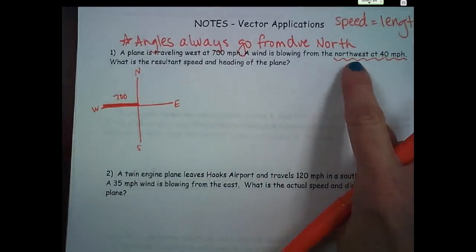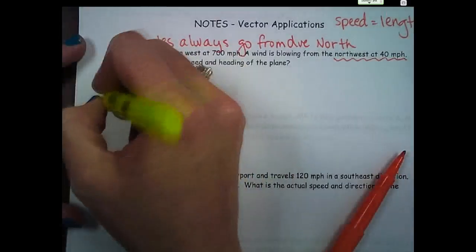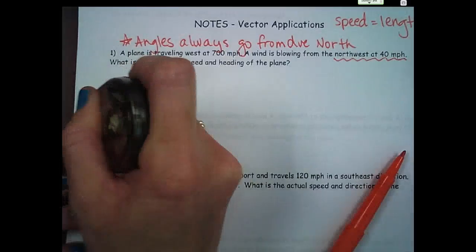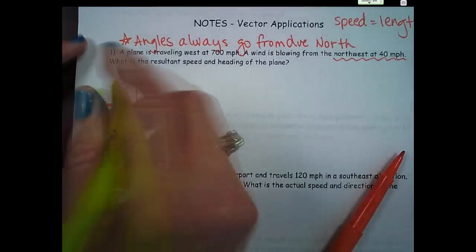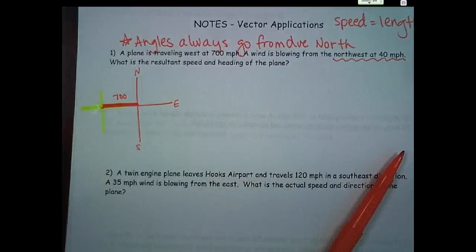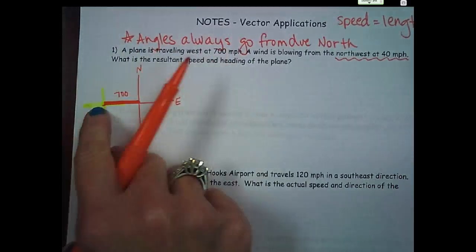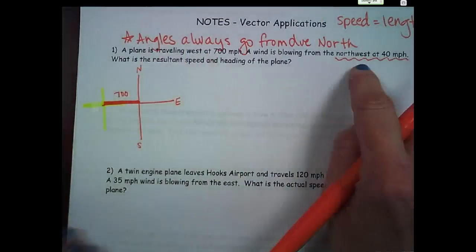So if you're going from the northwest at 40, what I've told my kids to do earlier is just, to make it simple, put in another compass rose there. So here's my new section of direction.